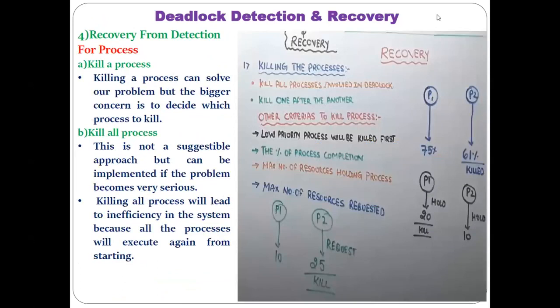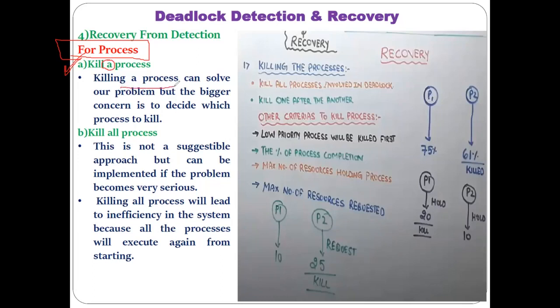Recovery from the deadlock at the process level means recovery by taking the help of the process, or by applying some strategies or operations on the process. So the first case is killing a process, that is, killing a single process at a time.